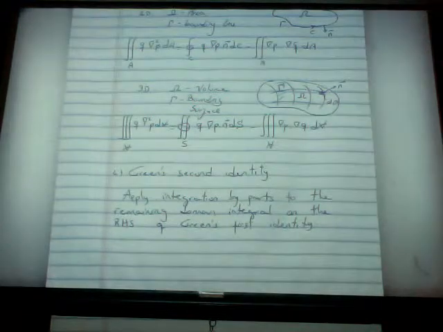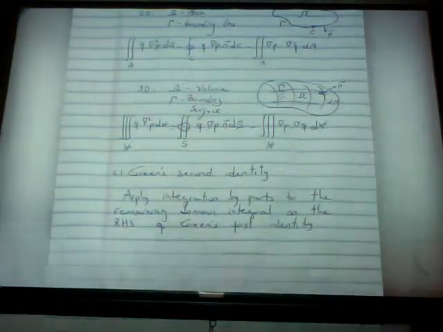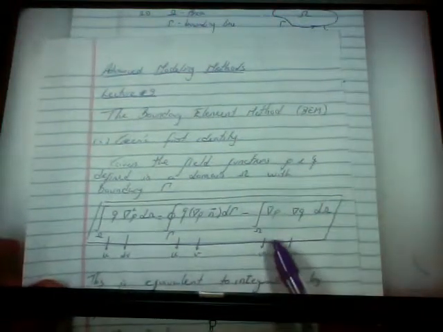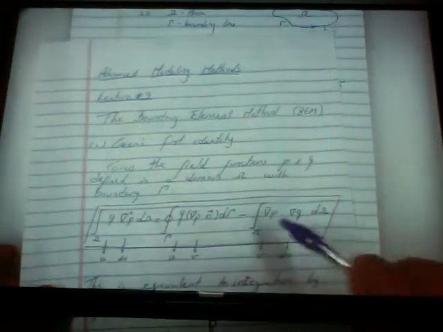So we're going to take Green's first, which looks like this in general, and we're going to take this one and apply integration by parts again, where this is u and this is dv. Alright?